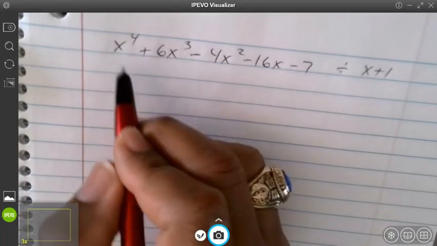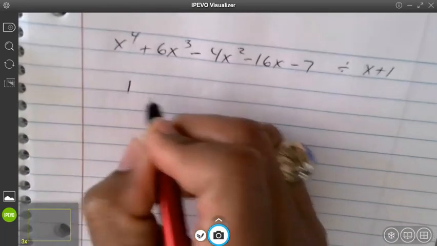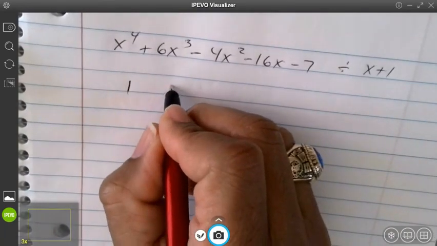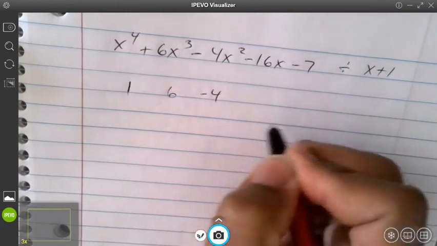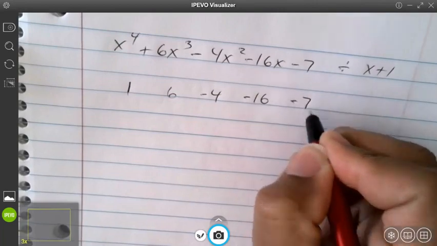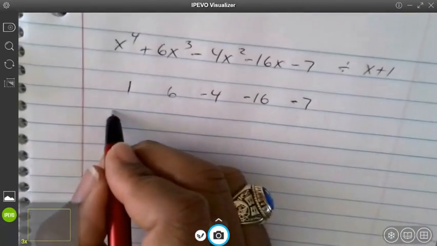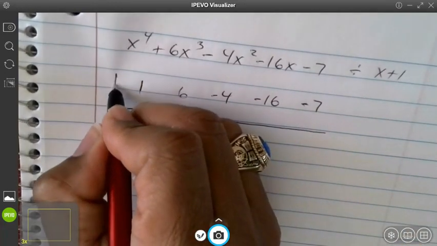Remember, coefficients are the numbers in front. There's no number in front here, so it'll be 1. So I'll put down a 1. Then we have 6. This goes with that, so that'll be -4. That'll be -16. That'll be -7. Draw a line right here, and I'll put a little box up here.